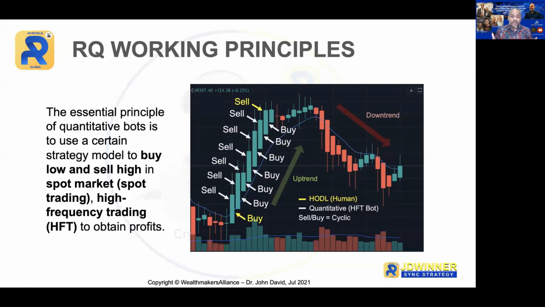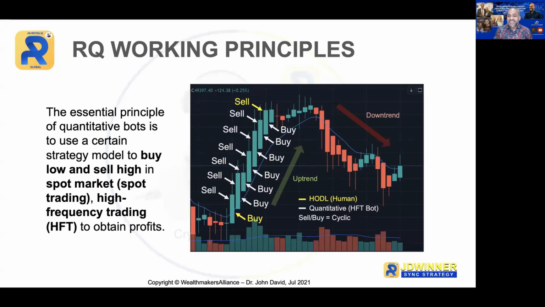And this is what we call high frequency trading. So during the course of the uptrending market, the bot can be buying and selling multiple times. Now you tell me, can a human do multiple or high frequency trading? Human can't do that. That's the reason why we need the bot, and the bot has been designed with that algorithm to be able to do that. Okay, so that's the important thing.